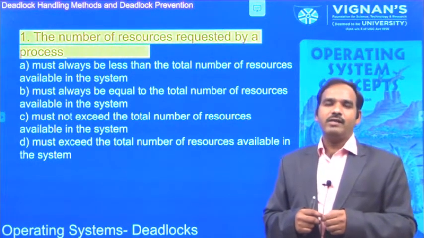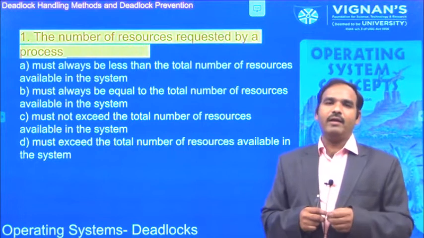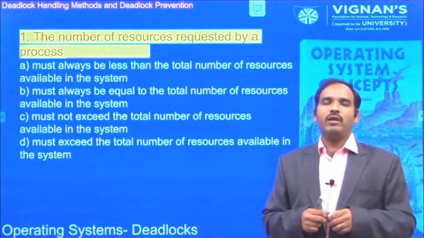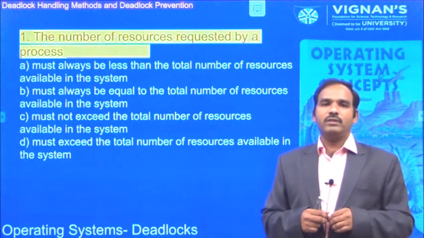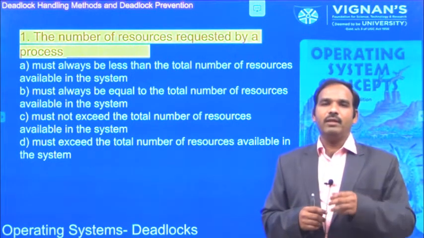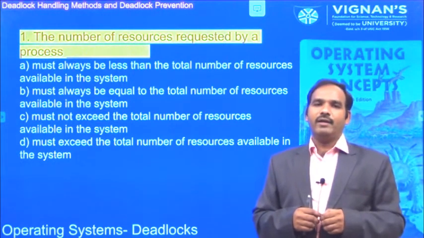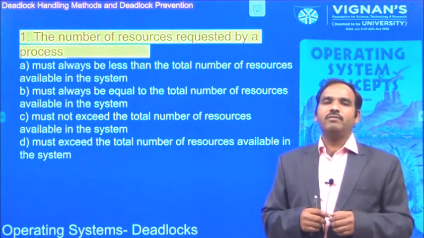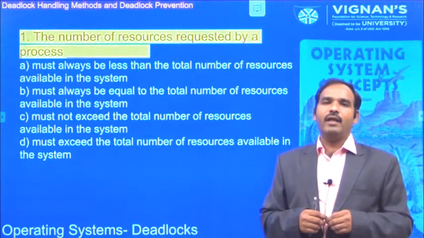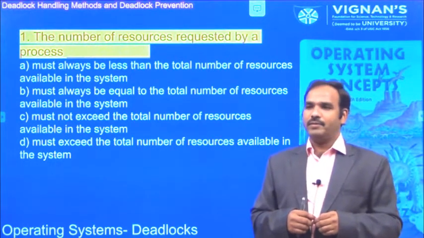But we can implement circular wait by allocating numerical values and enumeration for the resources. If you allocate the resources to the processes in the order of enumeration, definitely we can disable the circular wait, so we can prevent the deadlock. But prevention is very difficult compared to other handling methods.